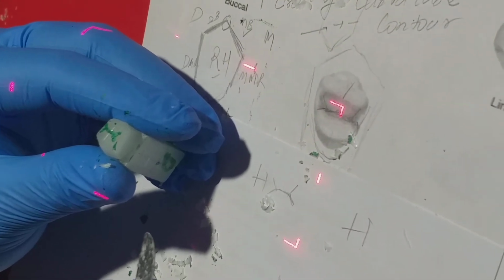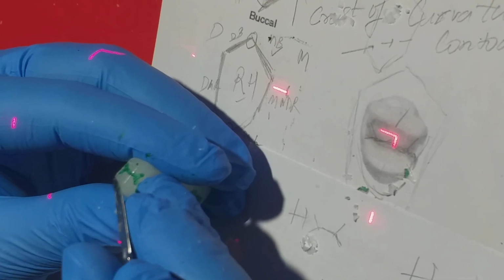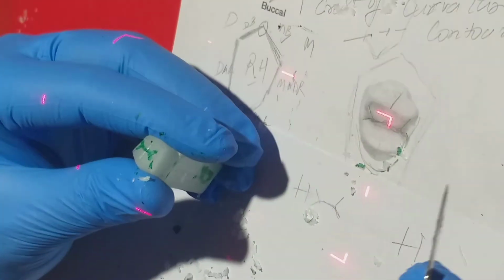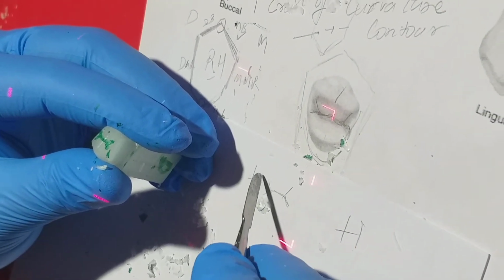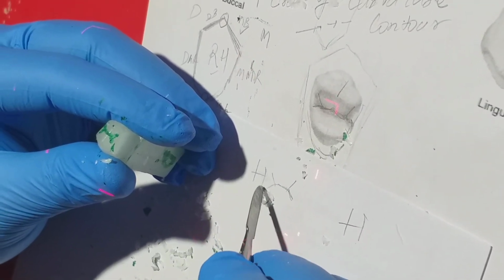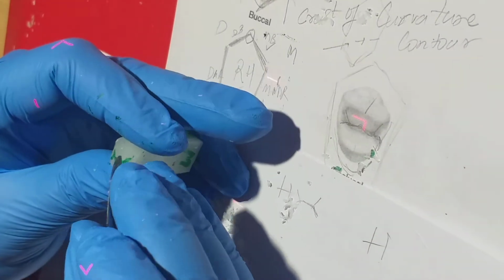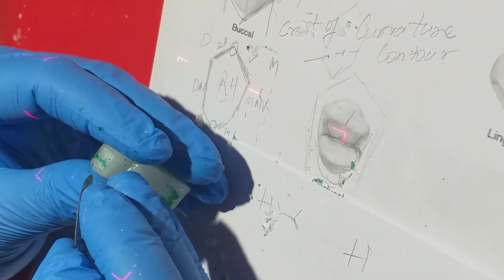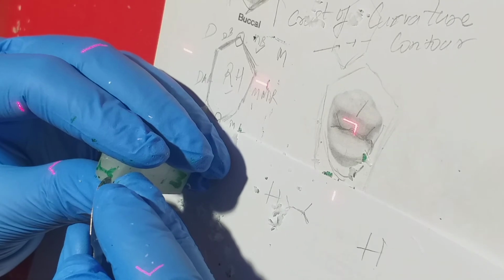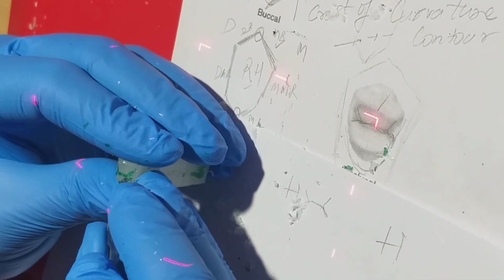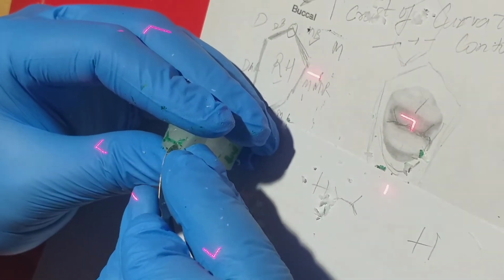Please let me know if it gets blurry. So how do I carve? See this edge part. I'm carving this part like this. This is buccal. This is palatal. So see this, I make a V-shaped depression. I move deeper towards the pit.